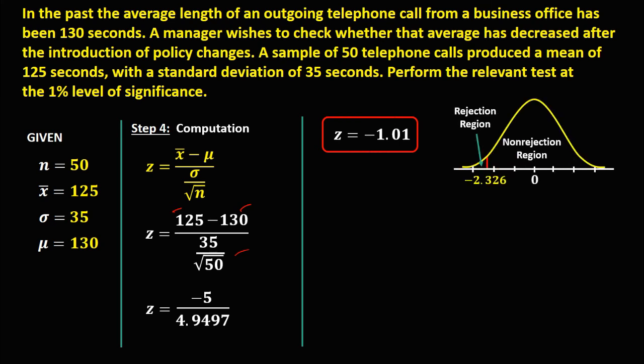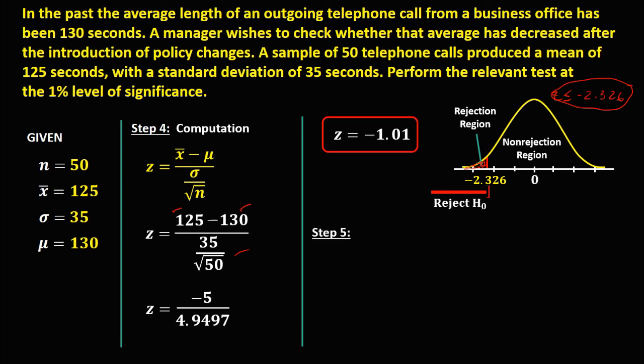Then from the rejection region, we reject the null hypothesis if the value of Z is less than or equal to negative 2.326, so all values to the left of negative 2.326.